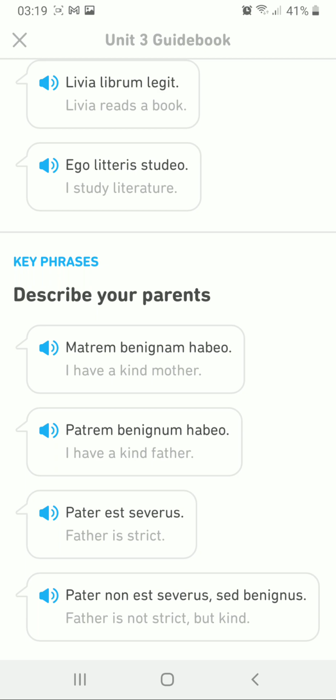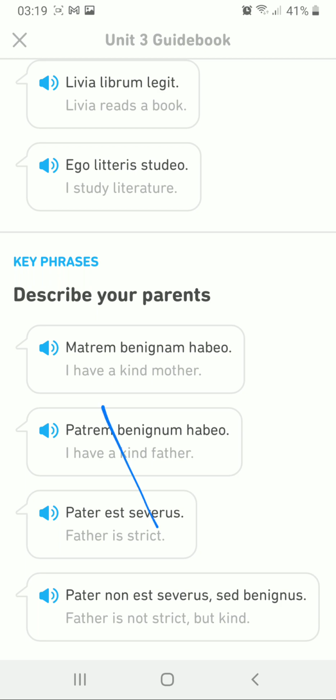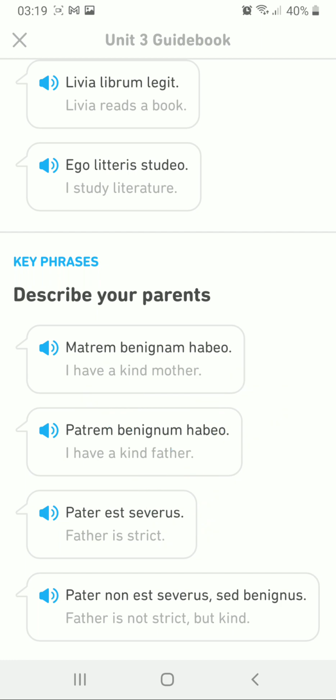Patrem benignum habeo. Okay. Now we have the same sentence, but for a masculine noun, which is pater. Sorry, I didn't write it correctly. So pater should be like this, pater, and it becomes patrem, and the adjective benignus becomes benignum.